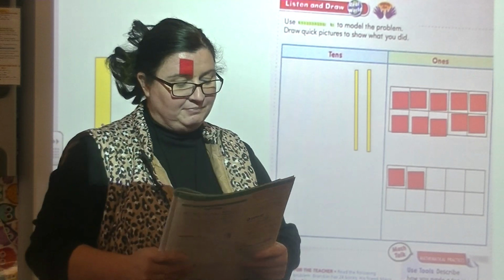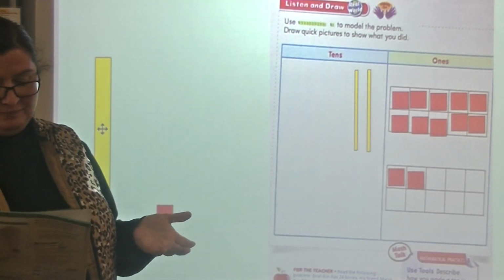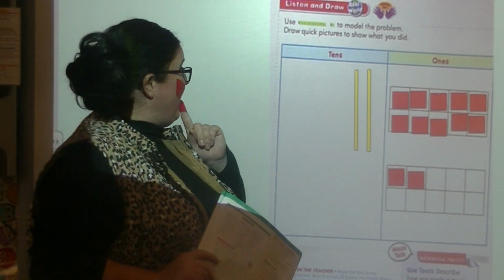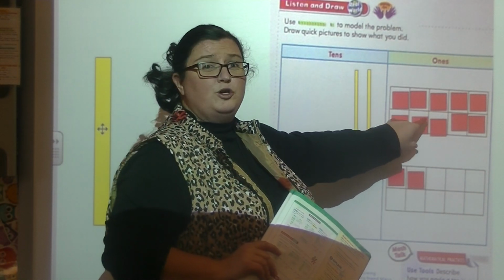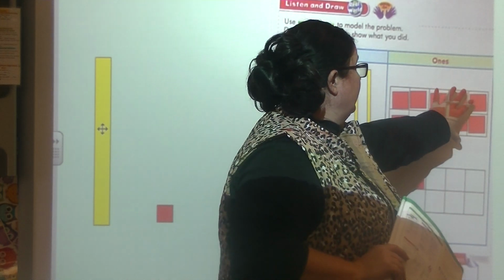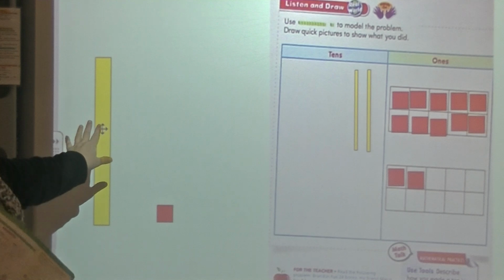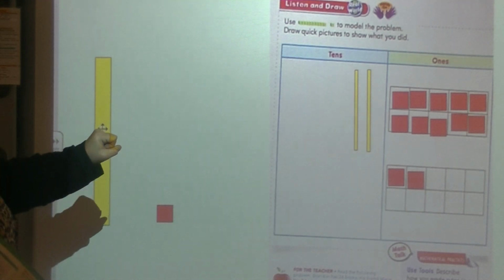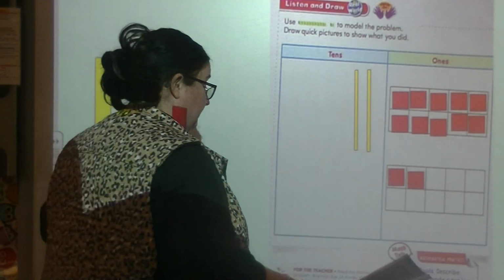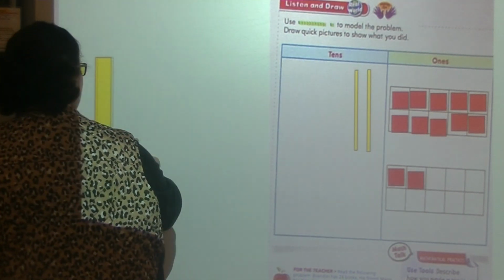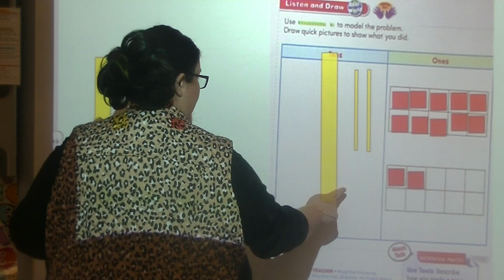That's right. All right, now, so if I look at it, I could actually trade these 10 ones, and make a group of what? A group of 10. So that's what I'm going to do. I'm going to take all of these and trade them for one of these.